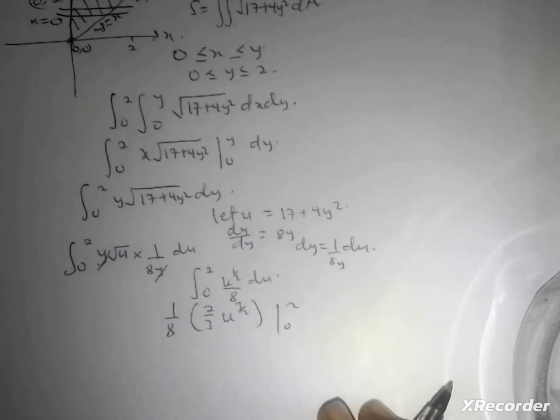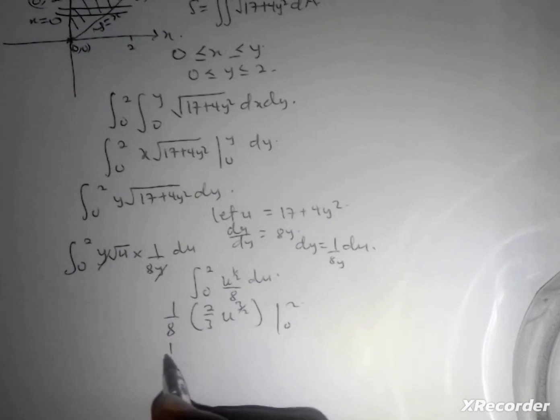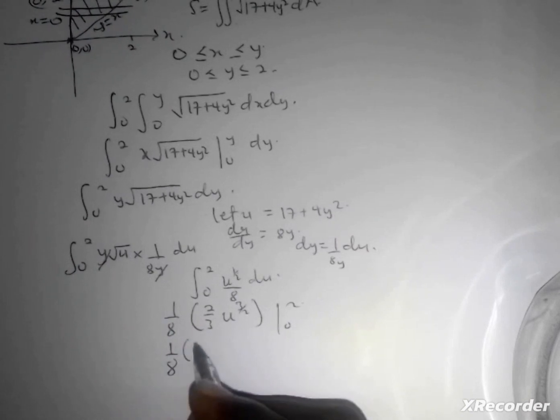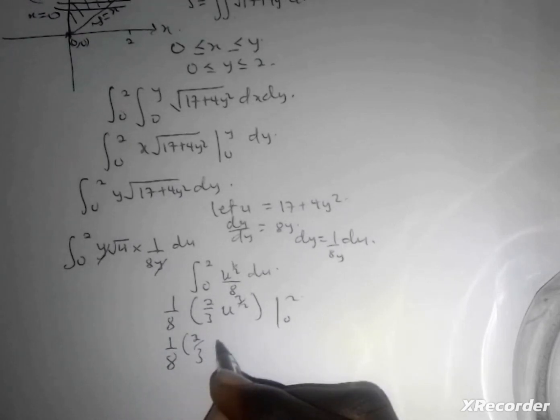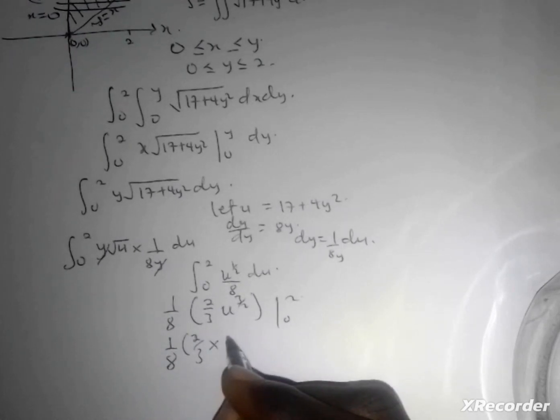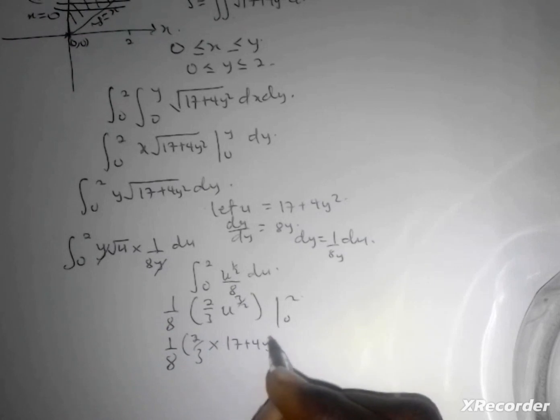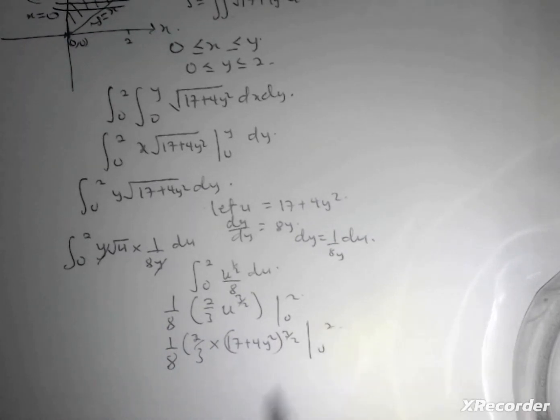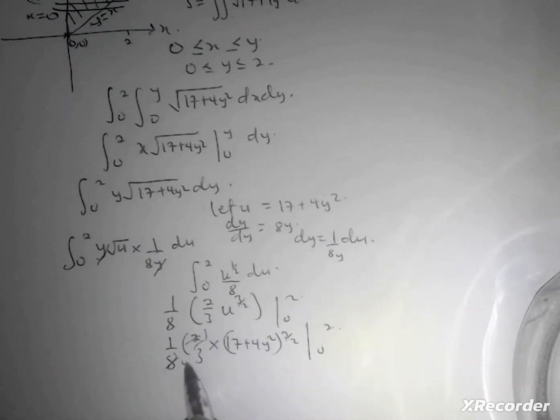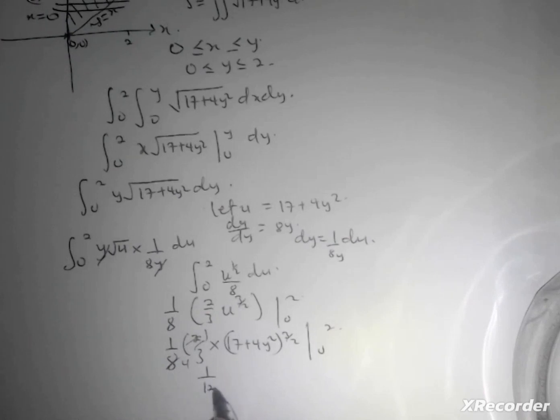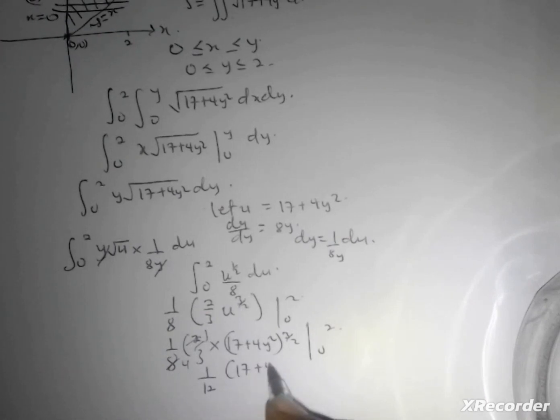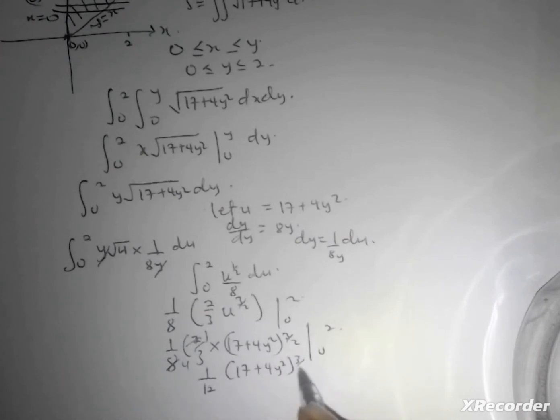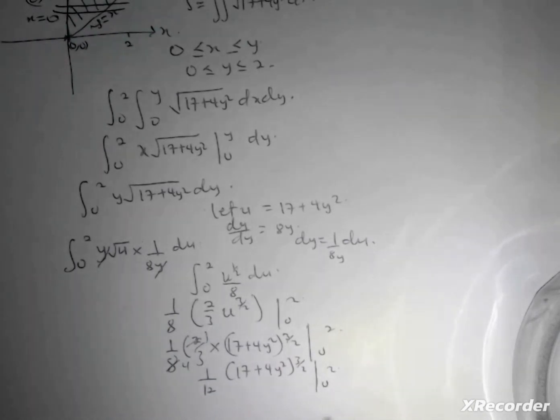So at this point I have 1 over 8 multiplying 2 over 3, multiplying u, which was 17 plus 4y squared, all to the power 3 over 2, from 0 to 2. Then 2 goes into itself once and into 8 four times, so I'm left with 1 over 12 times 17 plus 4y squared to the power 3 over 2, from 0 to 2.